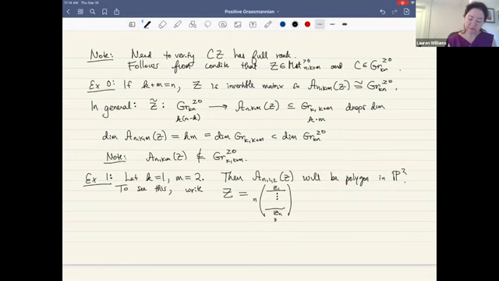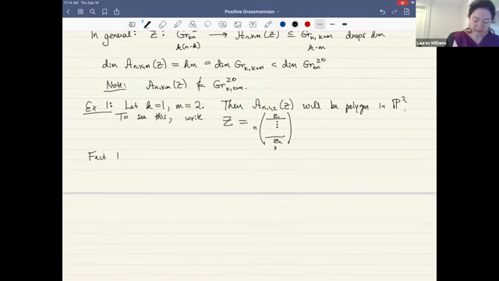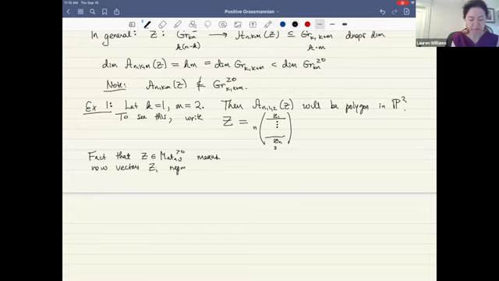And now the fact that Z has maximal minors positive means that the row vectors Zi represent points in P2 in convex position.